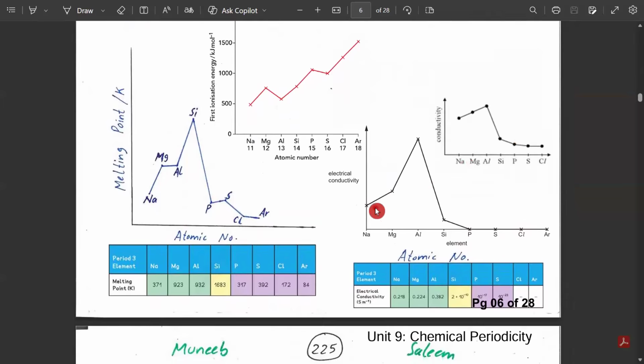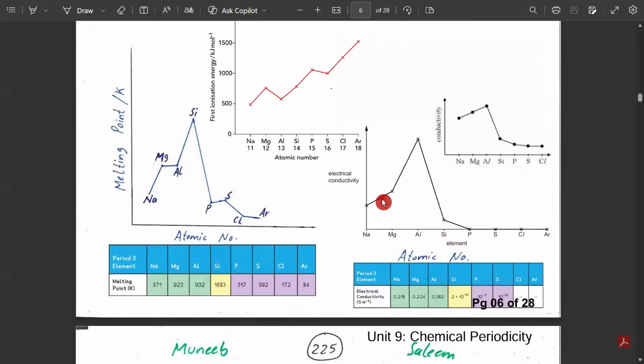You can see sodium has less electrical conductivity than magnesium, and then the highest goes to aluminum, and then it drops to silicon, and then further drops to phosphorus. In this graph, it is steadily decreasing from silicon till chlorine. So the metals have higher electrical conductivity, and non-metals like phosphorus, sulfur, chlorine have very little electrical conductivity. Silicon also has much less electrical conductivity than metals.